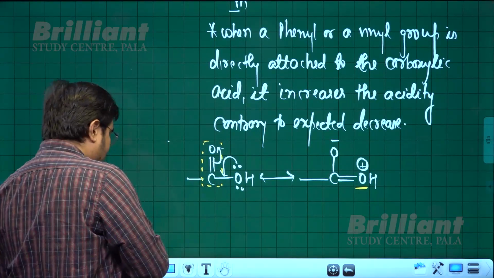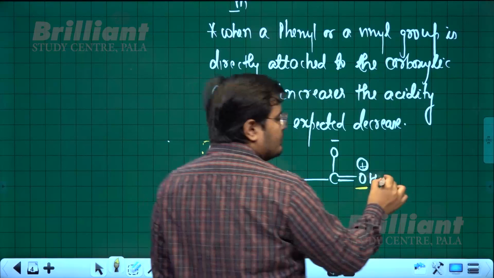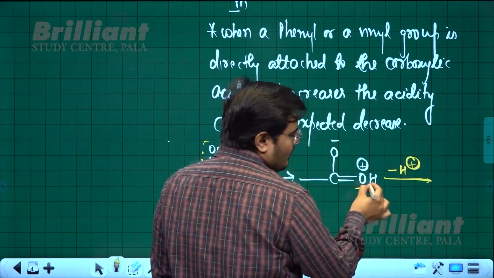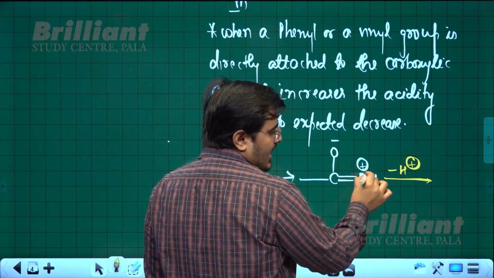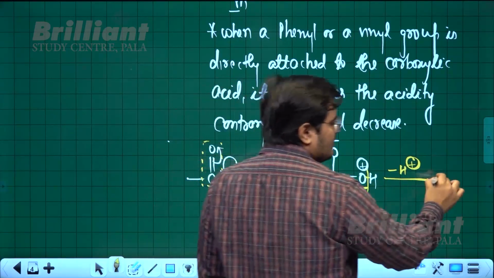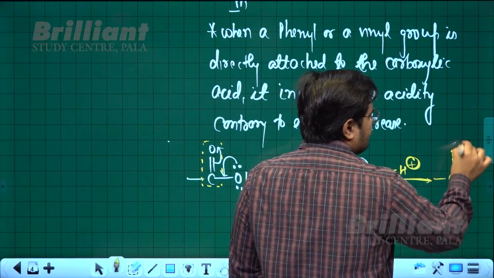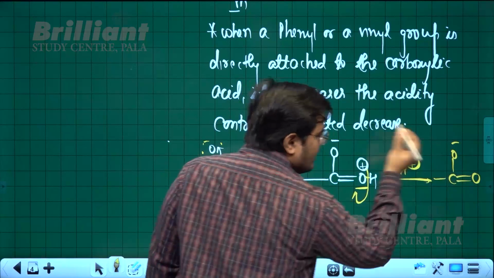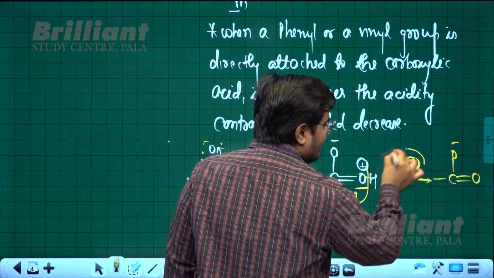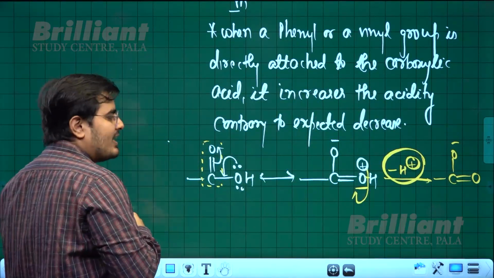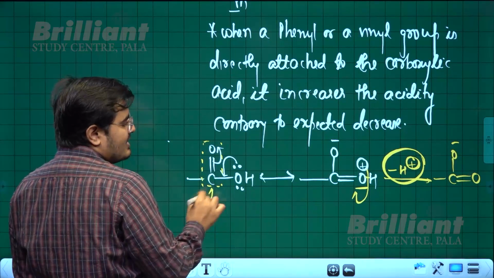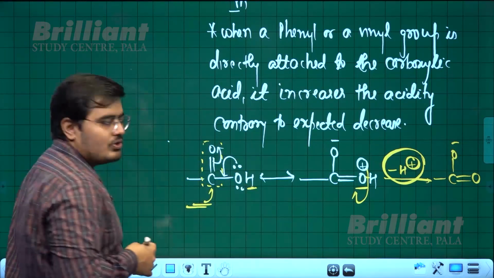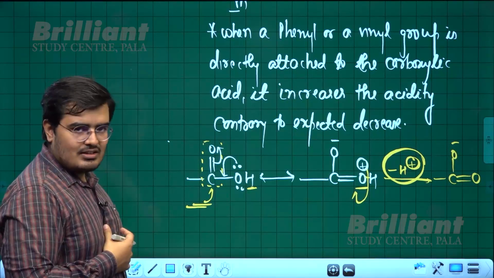Since oxygen gets a positive charge, in order to neutralize its positive charge, what it does is it breaks its bond with hydrogen and takes both the bonding electrons on itself, thereby forming a neutral oxygen, and hence H plus goes out. So I can say it's the electron deficiency created by this carbonyl group which makes the hydrogen attached to oxygen more acidic.